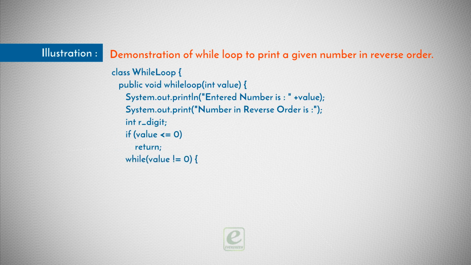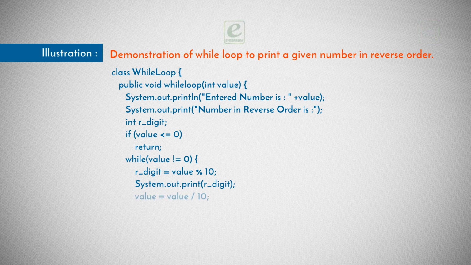While, bracket open, value not equal to 0, bracket closed, curly brace open, r_digit equals value modulus 10, semicolon. System.out.print, bracket open, r_digit, bracket closed, semicolon. Value equals value divided by 10, semicolon.